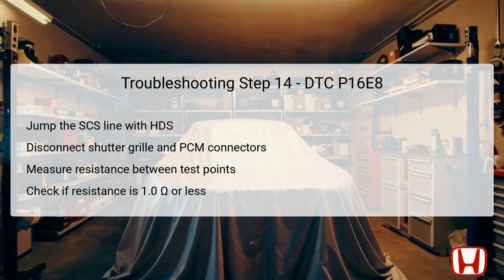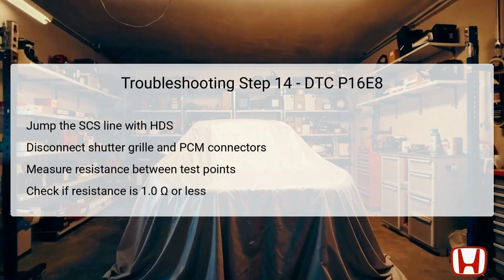The focus at step 14 is on the integrity of the LIN communication circuit. The HDS is again utilized to jump the SCS line, setting the conditions for accurate continuity measurements. Disconnect the shutter grille's upper and lower connectors, along with the PCM connector A, to allow for a complete assessment of the circuit. Referring back to previously established criteria, measuring resistance between terminal number 3 of the shutter grille connector and PCM connector A number 10 is essential.